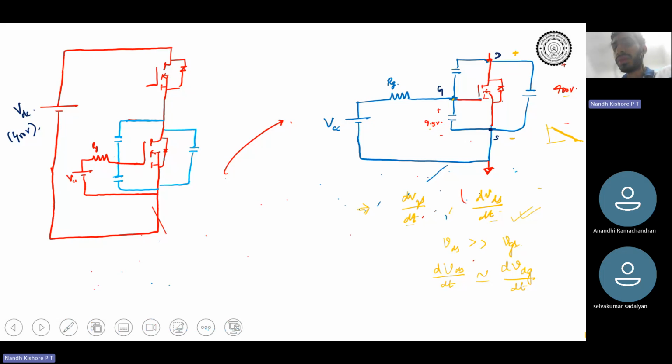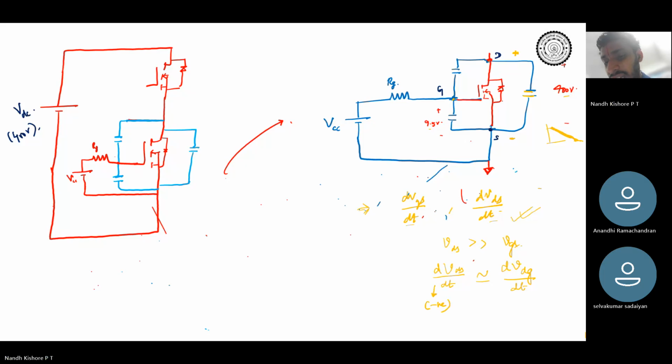If this is plus and this is minus, dVDS by dt is positive, I mean, sorry, dVDS by dt is negative, because the voltage is falling. Correct? dVDS by dt is negative.